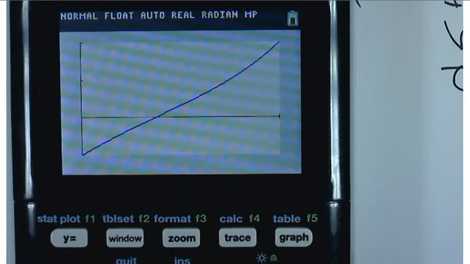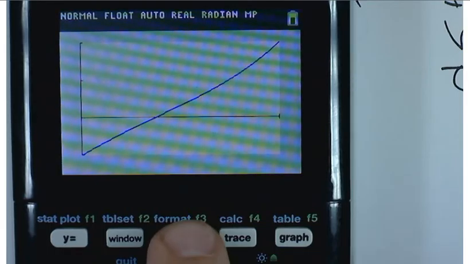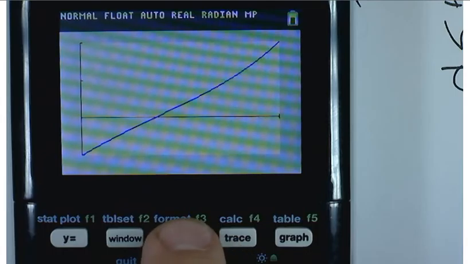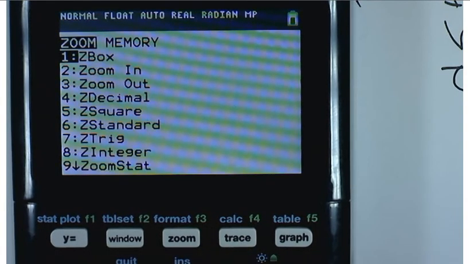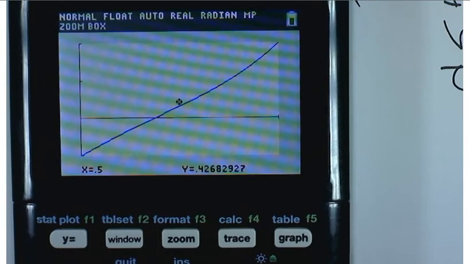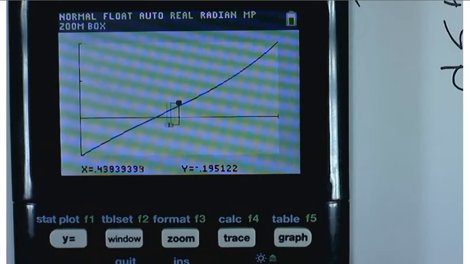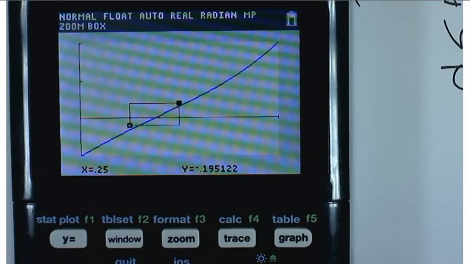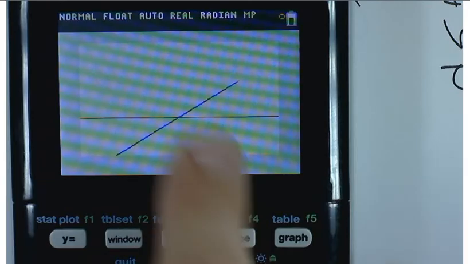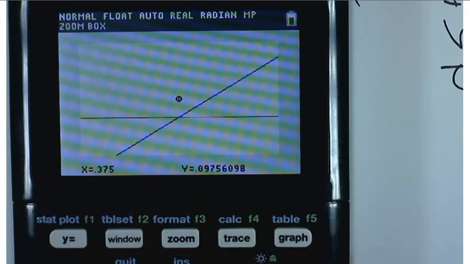The one that's kind of interesting and helpful, not for problems like this, but in general, is zoom box. You press the zoom key and box. Press enter at a couple points, and then you can change your window. You can zoom in, and then you can keep on zooming in and get as close to that point as you want.